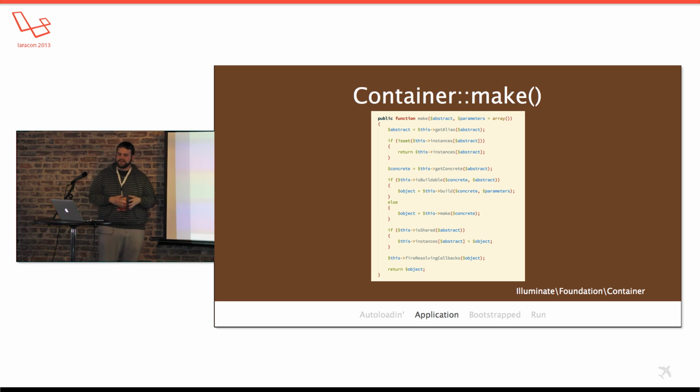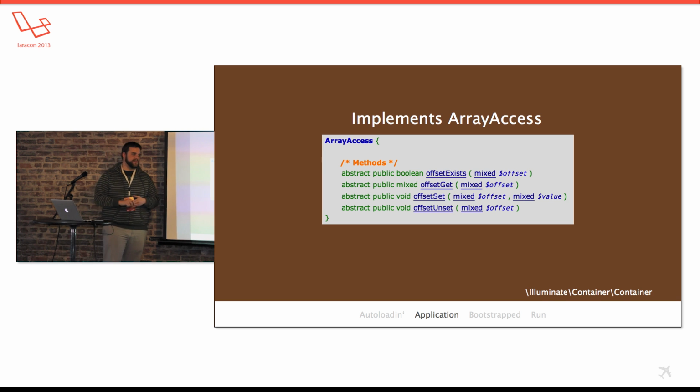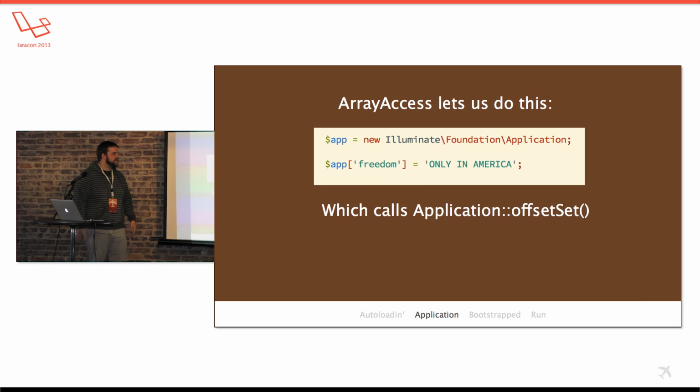That is possible because of the way Laravel accesses its properties, or its essentially state. It's the objects involved. And that has to do with because it implements this ArrayAccess interface, which essentially lets you access a PHP object like an array. Kind of looks like that.